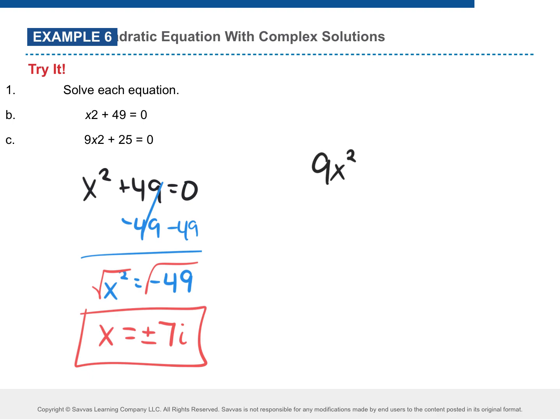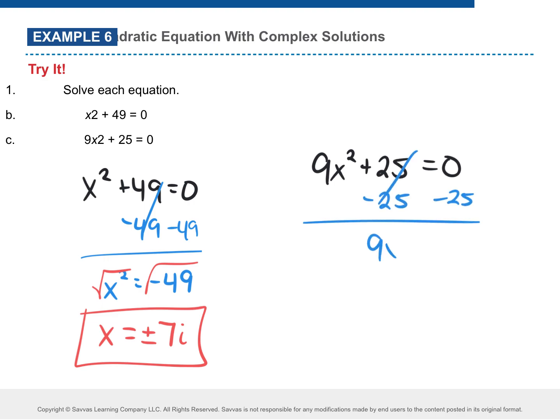9x squared plus 25 equals 0. Yep, we've got to subtract 25 first. We get 9x squared equals negative 25. What's our next step to get x by itself? Divide by 9.